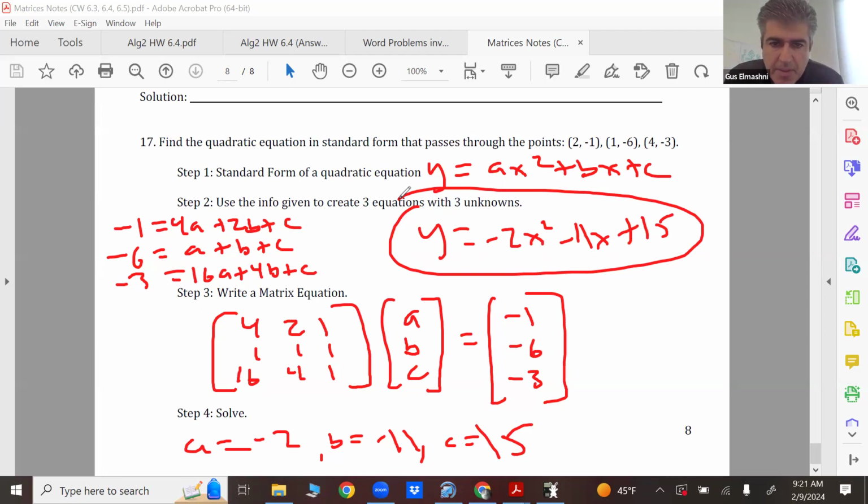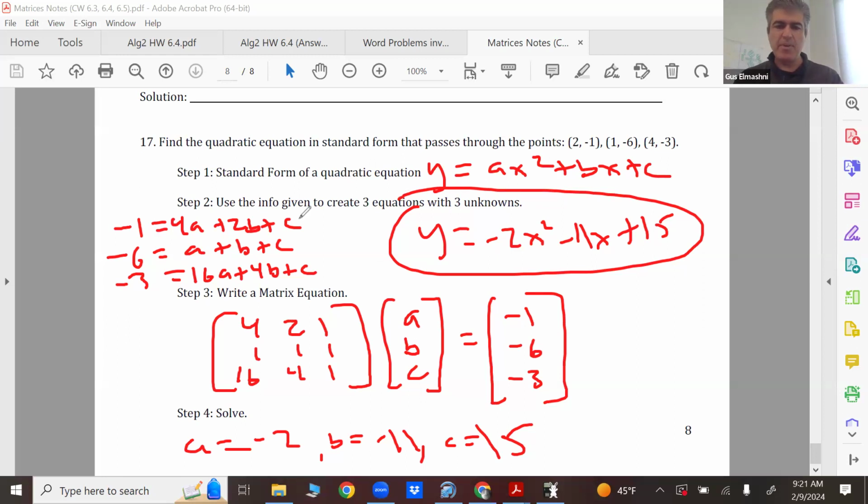Hold on. Did I make a mistake somewhere? I think I made a mistake. Hold on. 4, 2b plus c, a plus b plus c. Something seems a little fishy here. Guess what I did wrong?